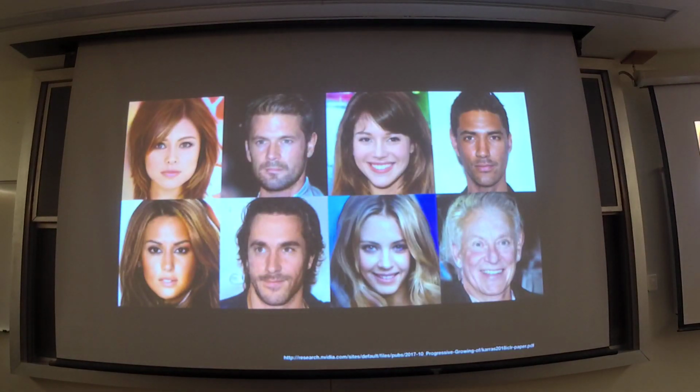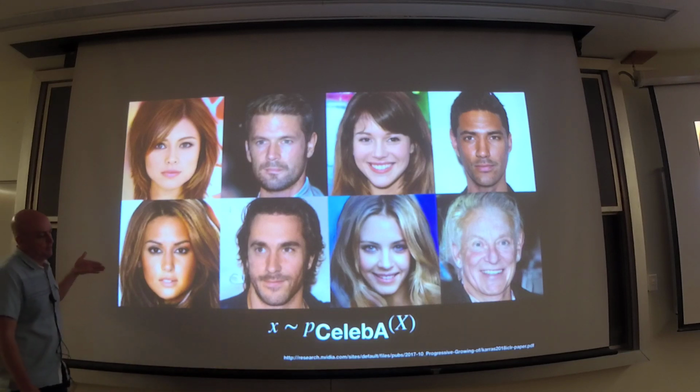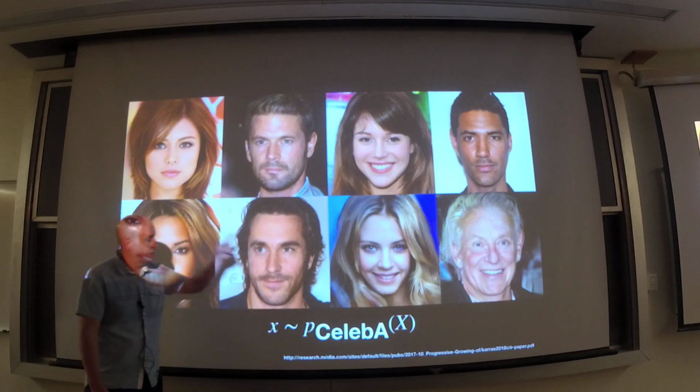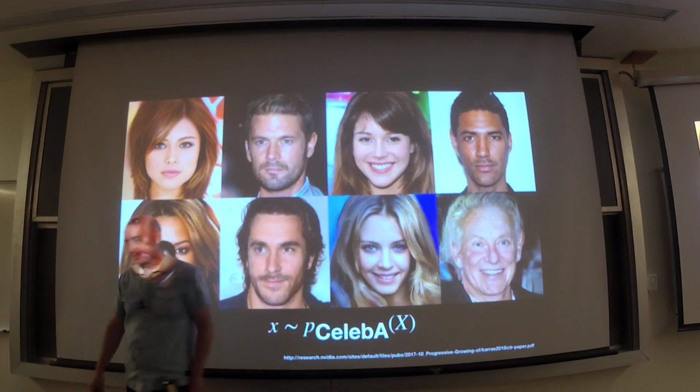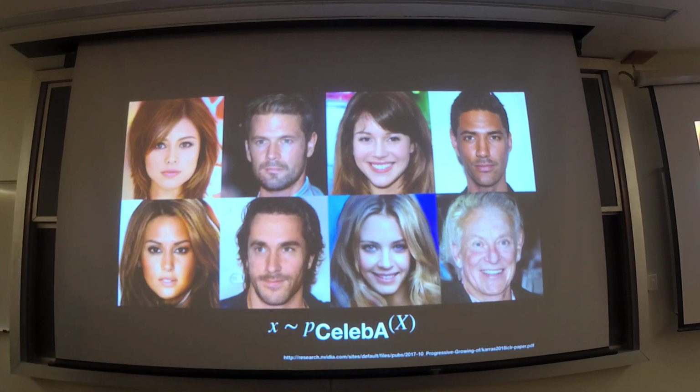Here are these images again. The world here is a particular data set called CelebA. We're trying to learn to sample from the distribution that is characterized by the CelebA data set. That's an unsupervised learning problem.